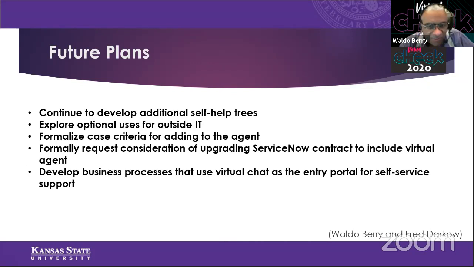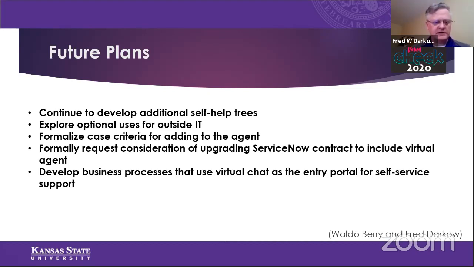Fred, you want to talk about the rest of our plans? Sure. So some of the last couple of things here to talk about. We are still working to get that formal request to upgrade to our upper level, to the CIO and provost, so we can get the upgrade to ServiceNow, so we can start using the virtual agent. As John and Michael showed you, it's easy to use. We already have multiple trees embedded there, and it could be an incredible use for the help desk on the front end especially.